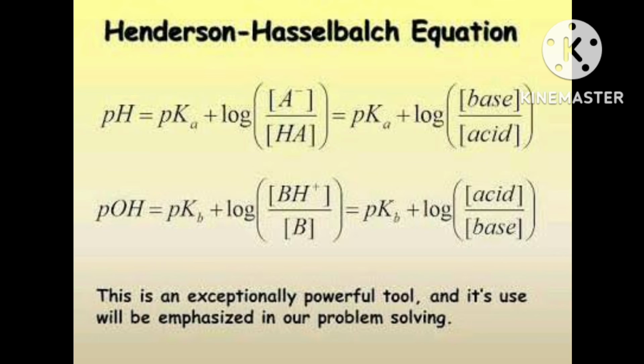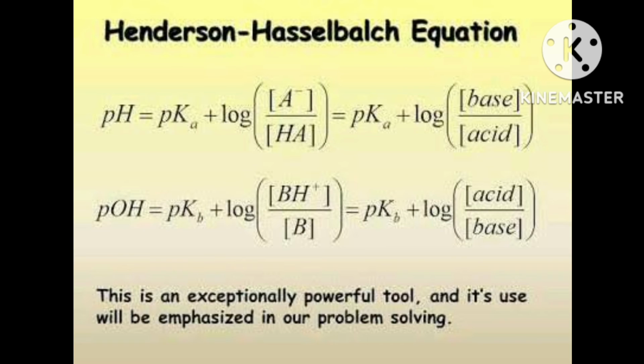Okay, on putting these values in the equation, actually what we derived, now for pOH we have derived the equation. Then this value means pKa plus pKb, that is pKw. These three relations I have told you, na?